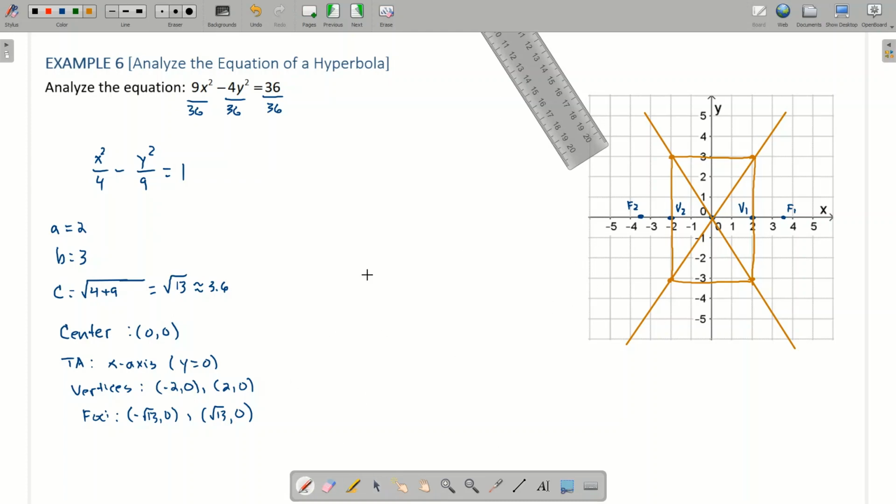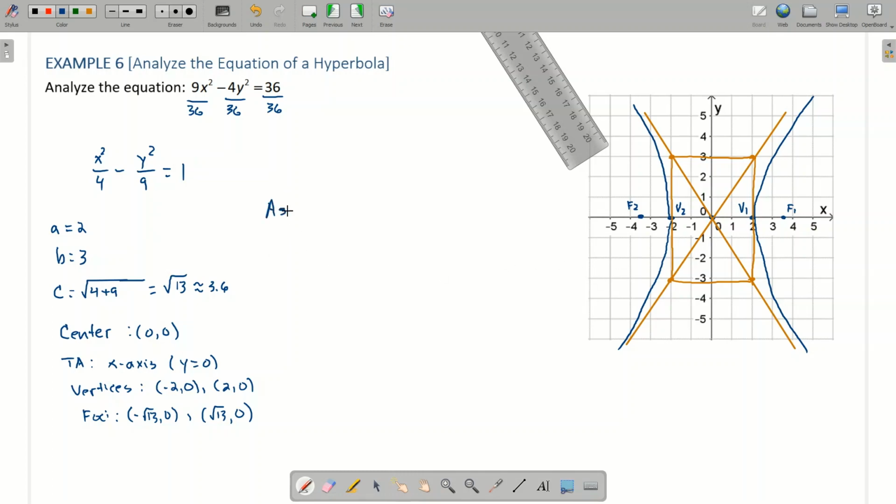Then once you have all that, you can actually go straight to graphing. So we're graphing now in these 2 regions, and we're just going to try to make the graph get close to the asymptotes as it moves out, trying to make it symmetric on both sides. Okay, so again, the blue should be the graph of the hyperbola, and all of this was just there to help us construct it.